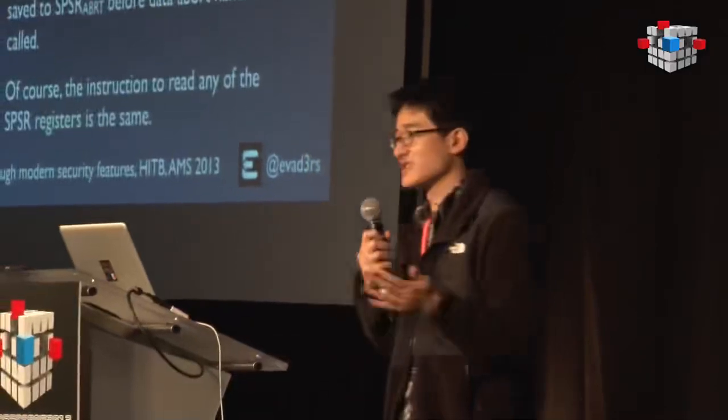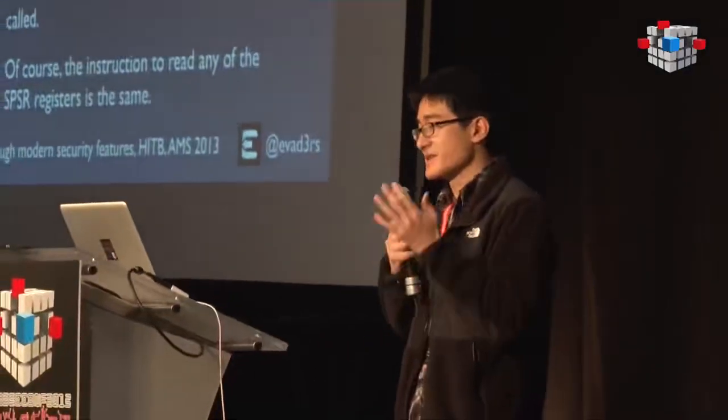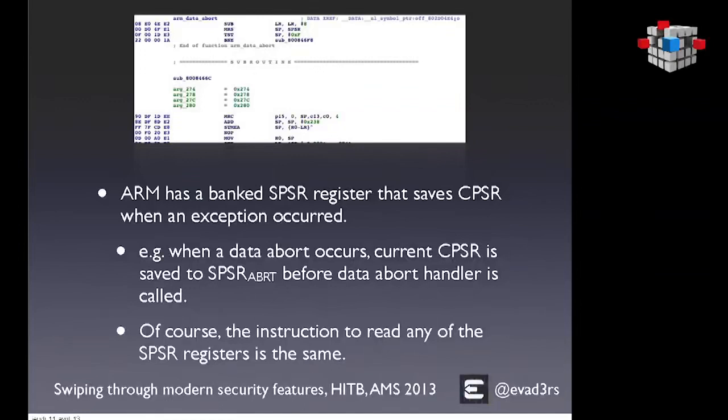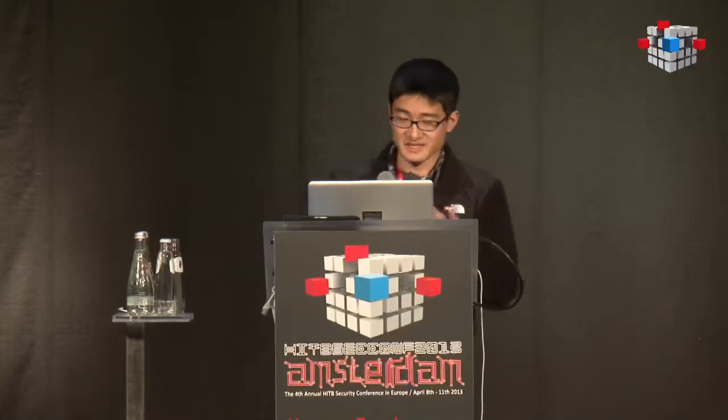When an exception happens, like a data abort exception, the CPSR state right before the exception is saved in a banked register called SPSR. CPSR is the current program state register, and SPSR is the saved program state register, I'm sorry, processor state register. The exception handler can then check the SPSR to determine what the processor mode was during the exception.